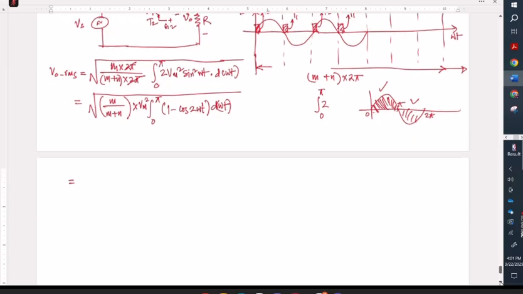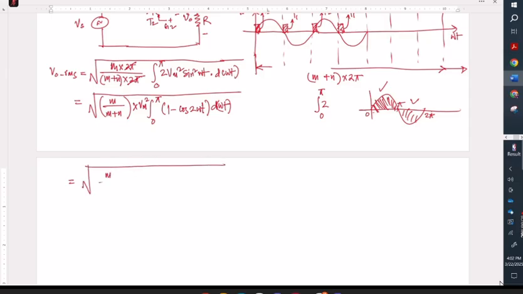So now here, what we do should be the equation for that one. Sir, omega t minus sine 2 omega t divided by 2.